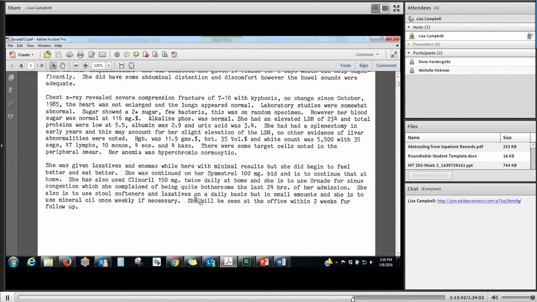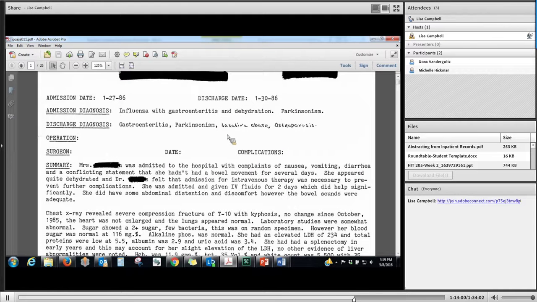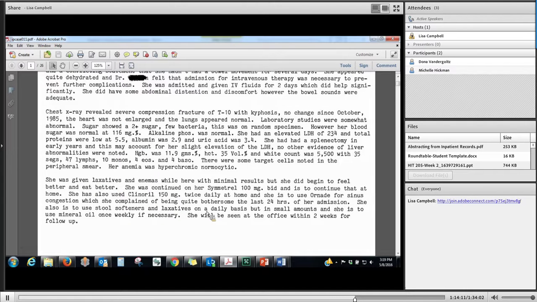Okay, so let's continue. So let's see what else she got. We talked about the Orinase for the sinus congestion, and she is to also use stool softeners and laxatives on a daily basis, but in small amounts. And you're like, well, why is he telling her that? Well, what did he say up here? She was addicted, or she's abusing the laxative. So he's saying, okay, lady, if you are having this constipation situation, still take them, but just take them in small amounts.